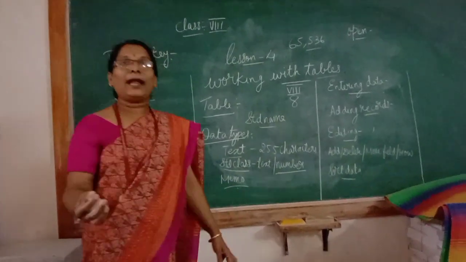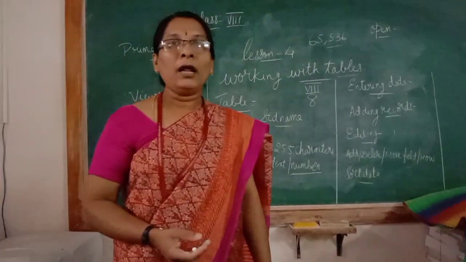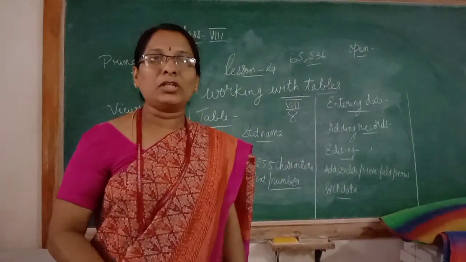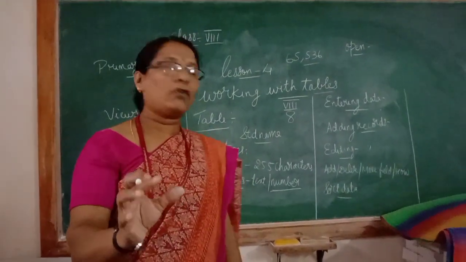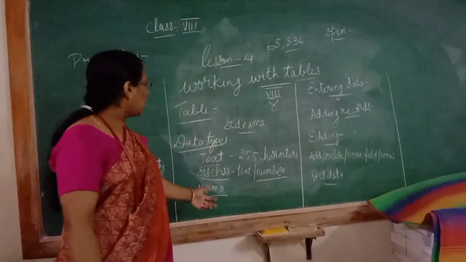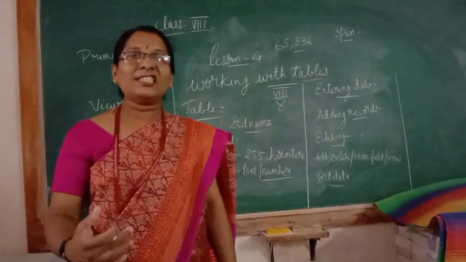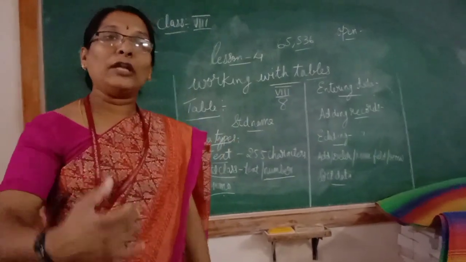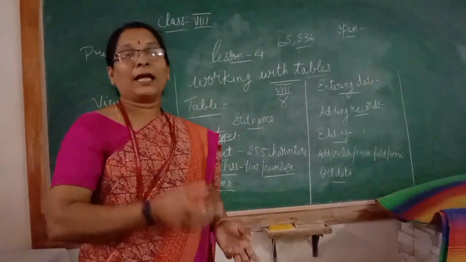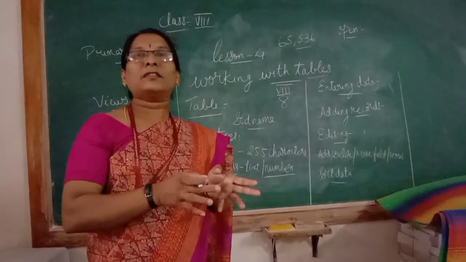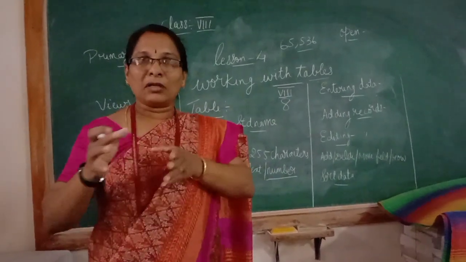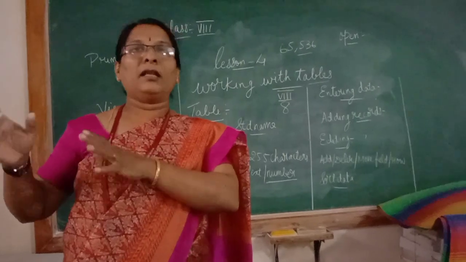Then you have date and time. Date and time is for date of birth, date of admission, date of joining. This kind of options or field names you can use. The appropriate data type is date and time. Then if you have fees or salary related, you can use the data type currency. Currency is appropriate for fees or salary or whatever is related to money transactions.